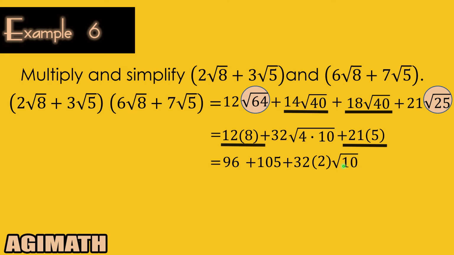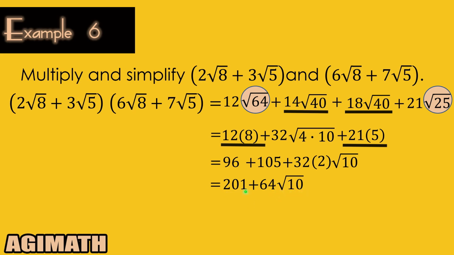Now we can combine 96 and 105. If we add 96 and 105, that is equal to 201. Plus 32 times 2, is 64. And then copy square root of 10. Now, you look at the two terms. 201 plus 64 square root of 10.